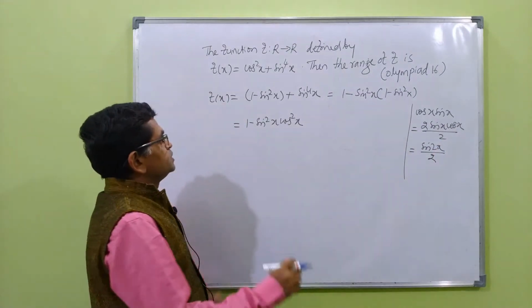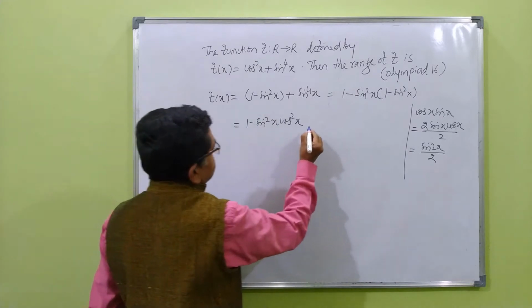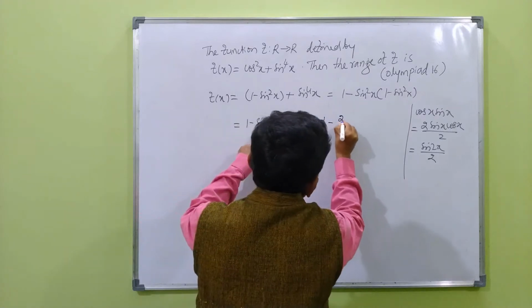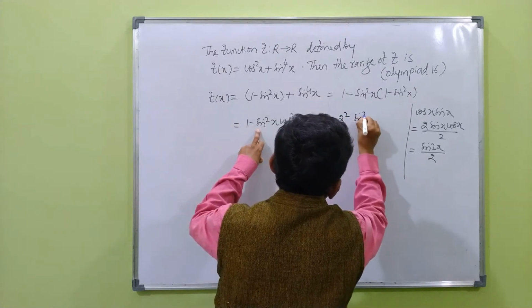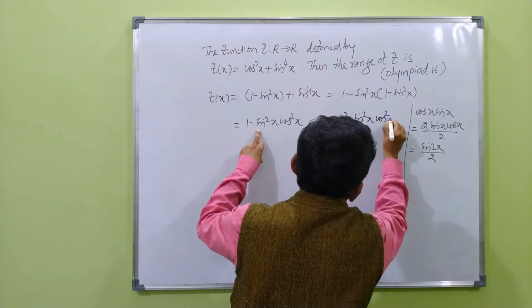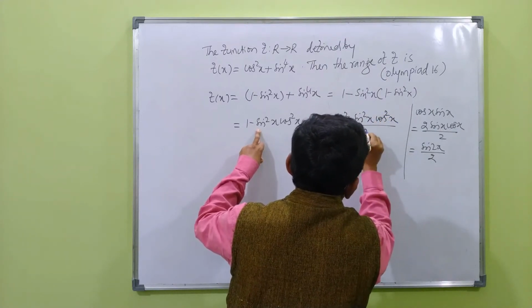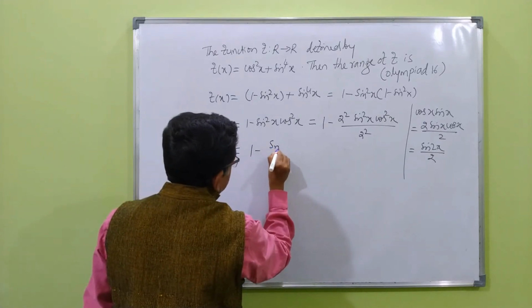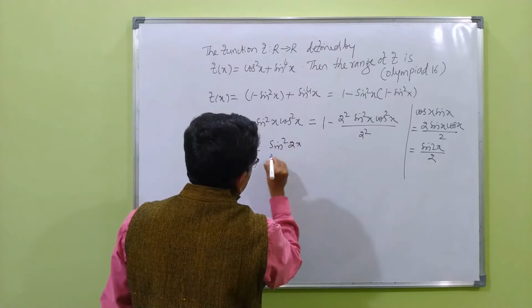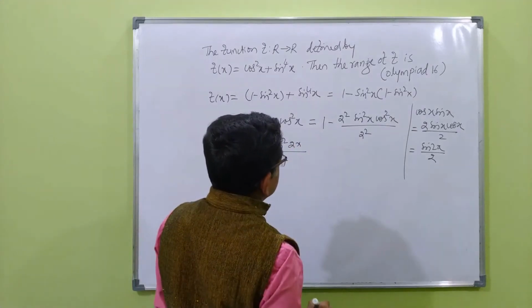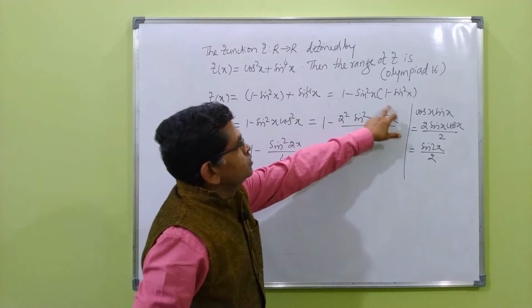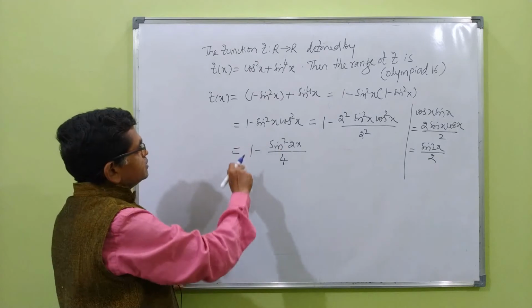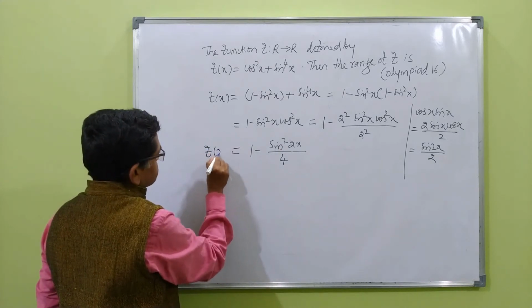Similarly here you can write this as 1 minus, since it is square, 2 squared sin squared x cos squared x divided by 2 squared, or this is 1 minus sin squared 2x over 4. Okay, this whole term reduces to sin squared 2x. Now this is your f(x).